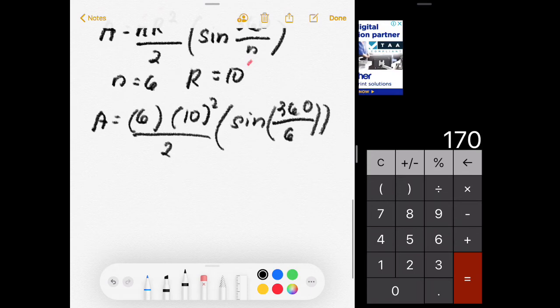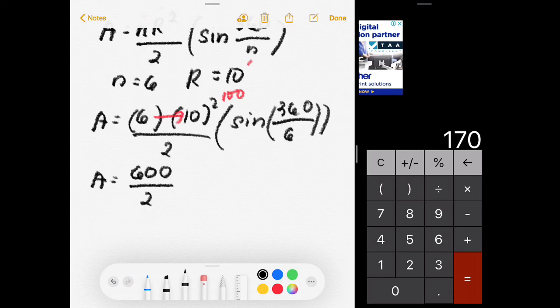Okay, so simplify natin. So 6 times 10 squared. So 10 squared is 100 times 6. So I'm doing it step by step, baka magulat kayo pag magic yung solution. Hindi nyo kita ang kamay ko, wala tayo sa board. So let's make it step by step.